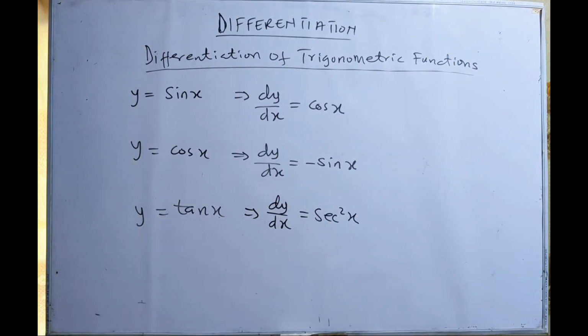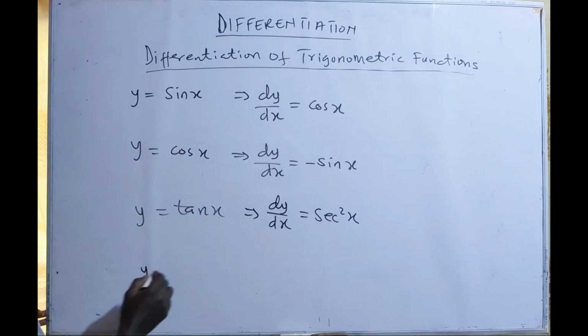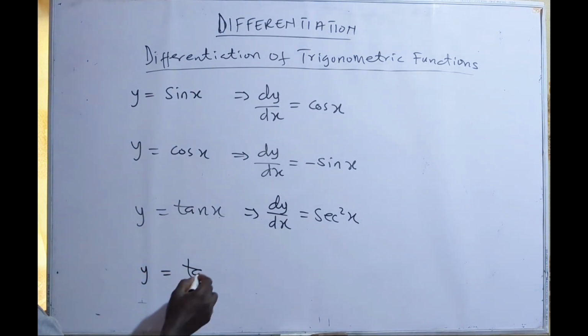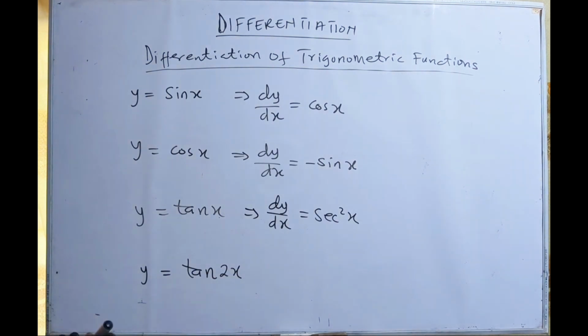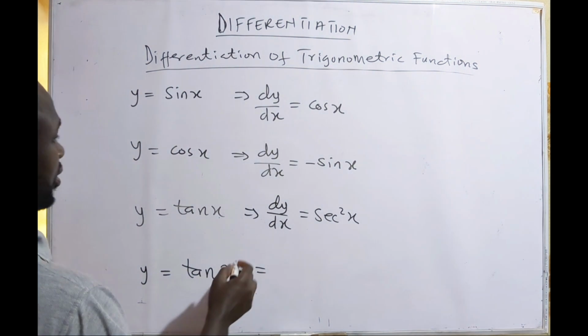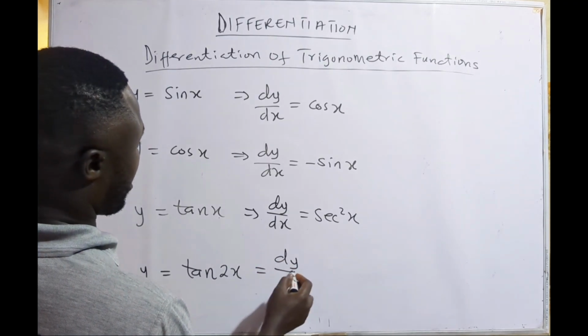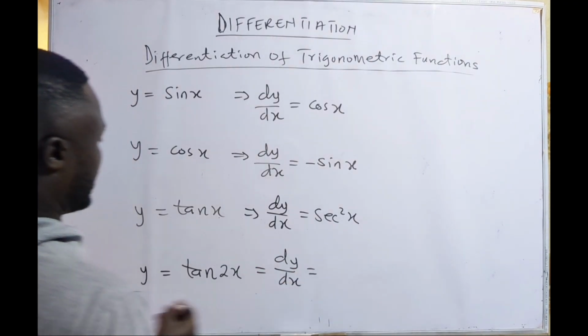Also, sometimes you can be given, let's take for instance, y is equal to tan 2x. How do you differentiate this?